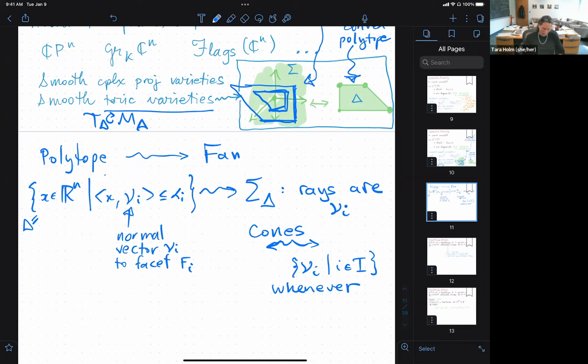We will have a cone in the fan whenever the corresponding facets intersect. And so in this way you can construct a fan, which is a collection of cones. Without going into too many details, that's roughly how you go from a polytope to a fan. And we can see precisely that what we're losing are these alpha i's, which tell you how far away the facets are from the origin. Okay, thanks.